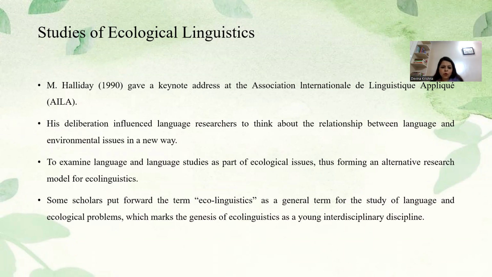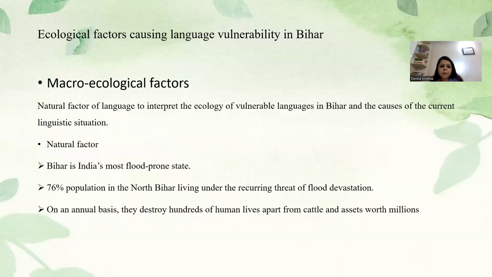Many scholars have put forward the term ecolinguistics as a general term for the study of language and ecological problems. This marks the genesis of ecolinguistics as a young interdisciplinary discipline.